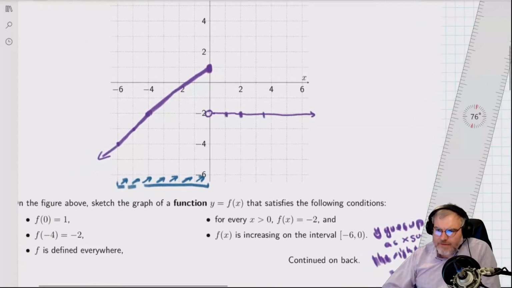And that's what that means. The exact slope of the line does not matter. All that matters is that it's increasing.